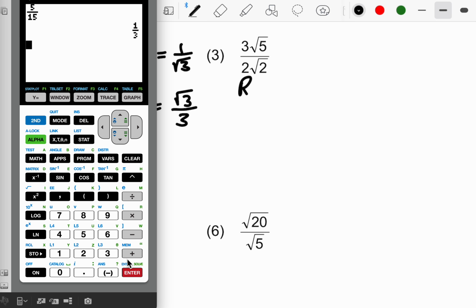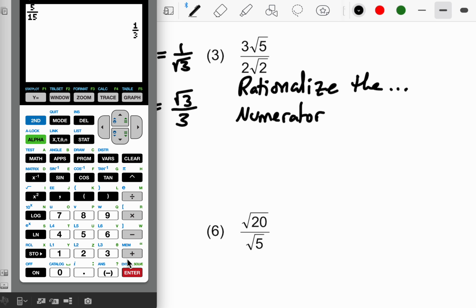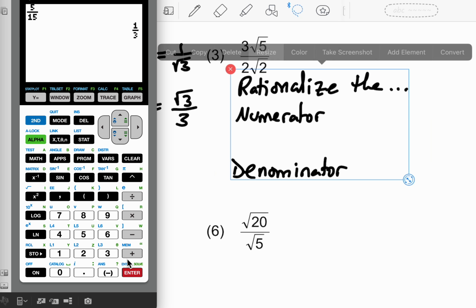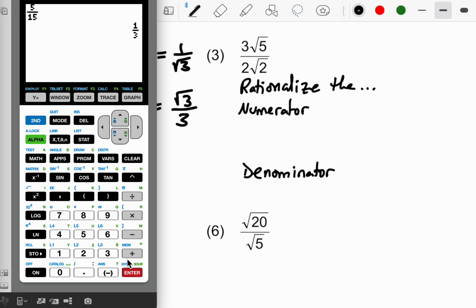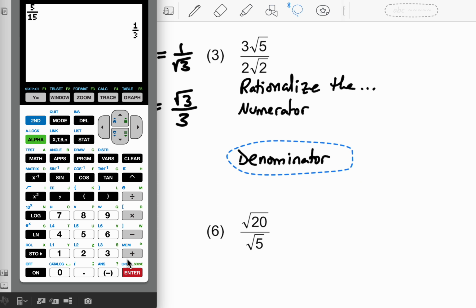You can rationalize the numerator, or you could rationalize the denominator. We'll go with the thing that we know already. We know how to rationalize the denominator, so we'll tackle that one first.